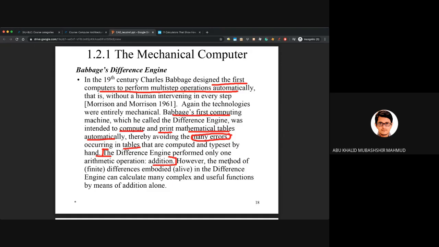We know how to calculate with two's complement or one's complement, and how we can subtract a number by using two's complement. This procedure was used in this difference engine.